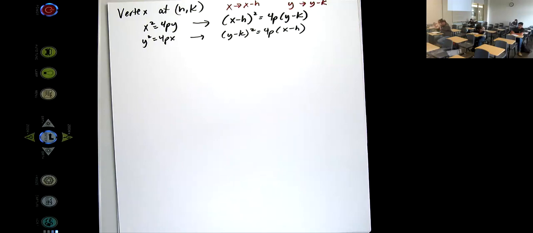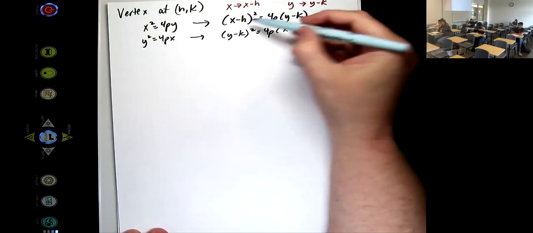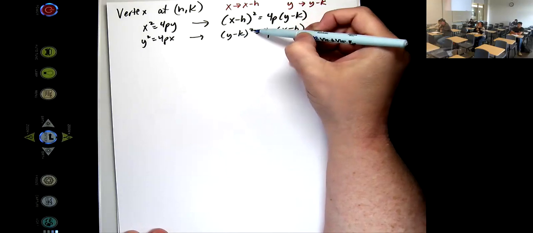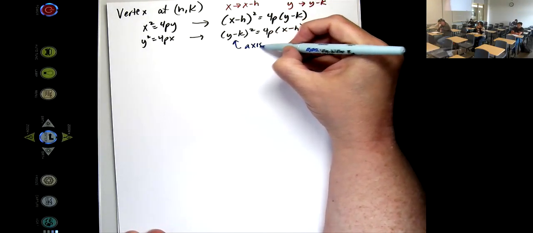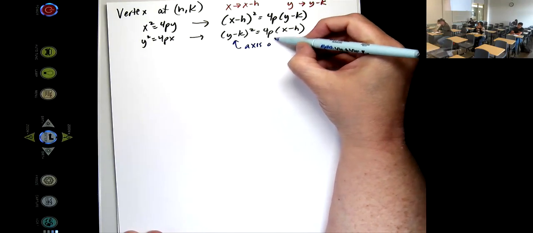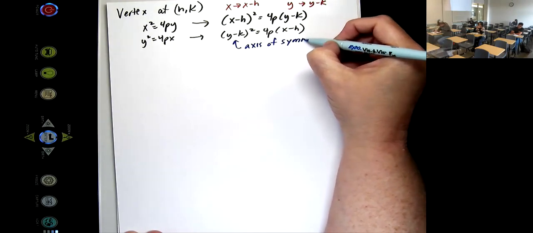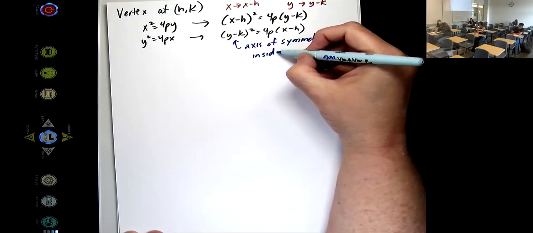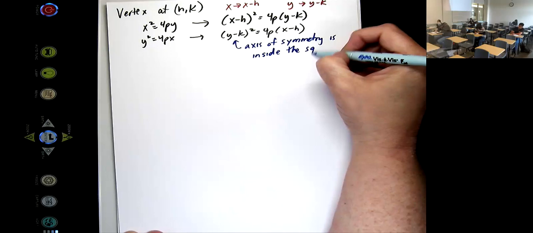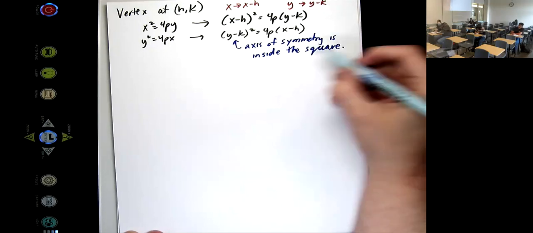So, the x is squared here, the y is squared here. The thing inside the square gives the axis of symmetry. Set it equal to 0.